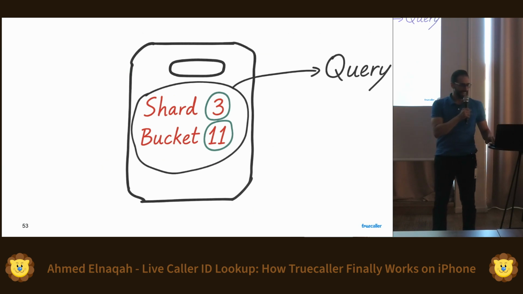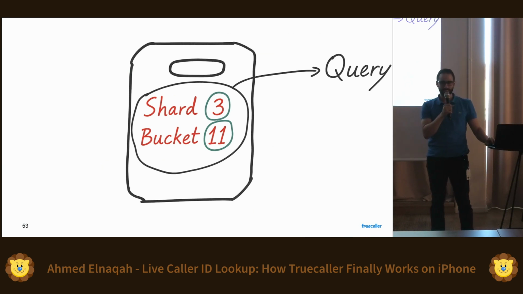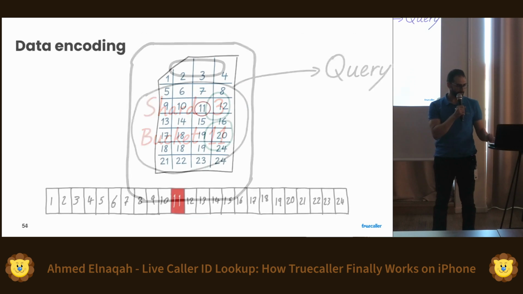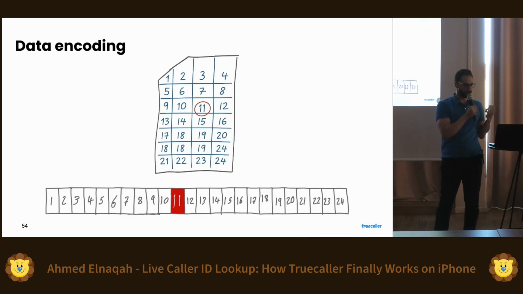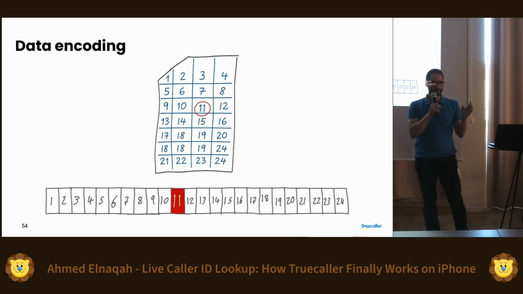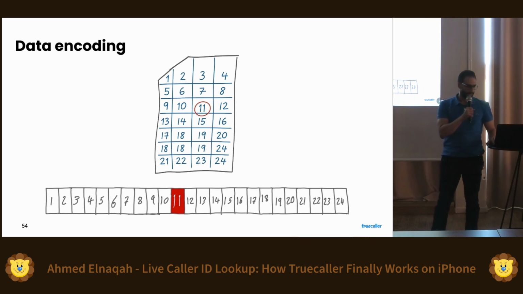Let's talk about how we can apply a mathematical operation with this query. So if we get our shard, which has 24 buckets, and for simplicity, let's say that we serialize it to an array, where each element in the array is 1 bucket. If you want to get bucket number 11 from this shard, how would you do it?